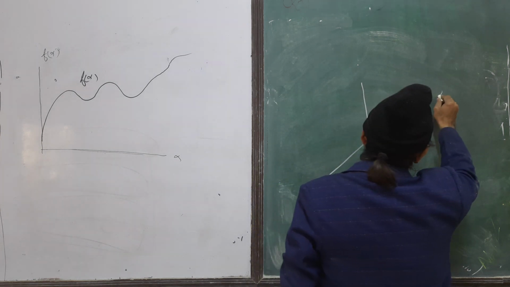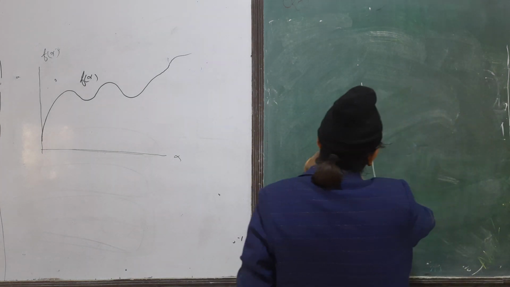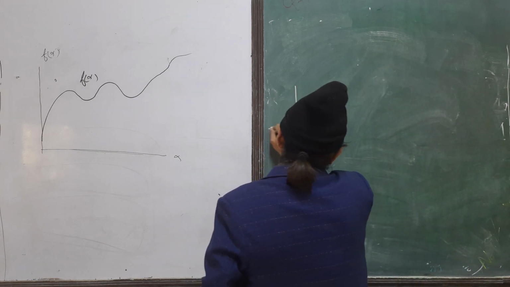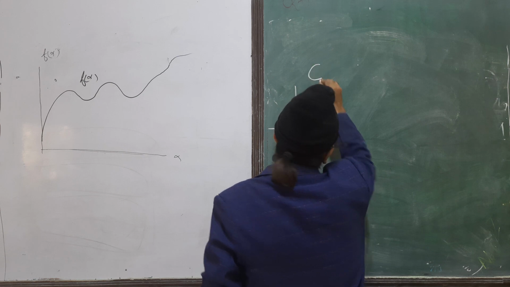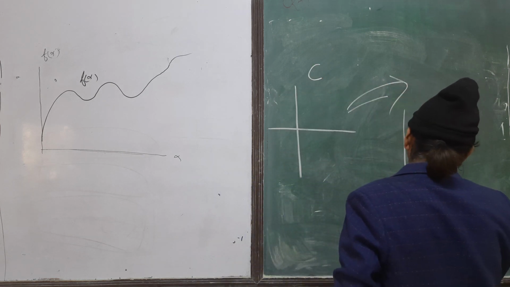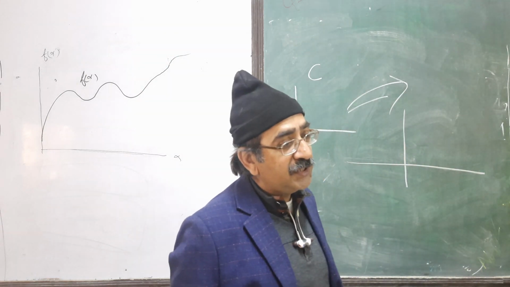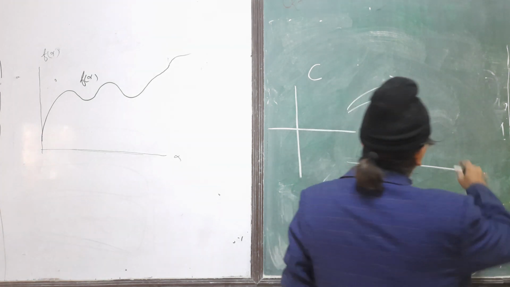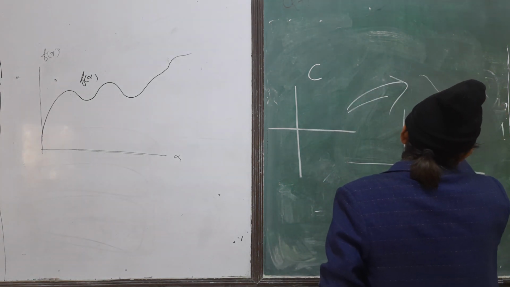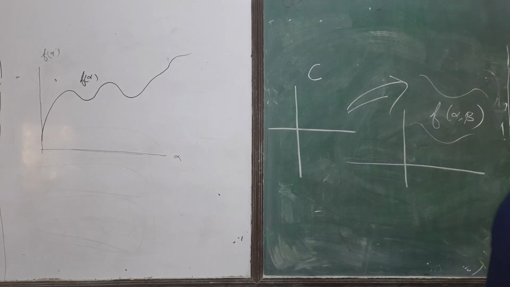Now, if this is a C space, there will be a sheet function. That will be changing with the 4 parameters.